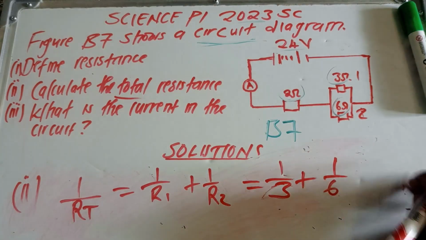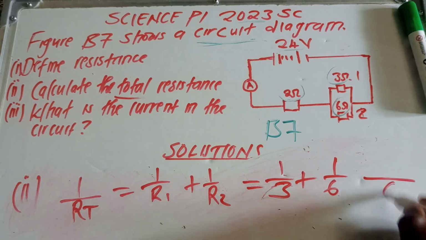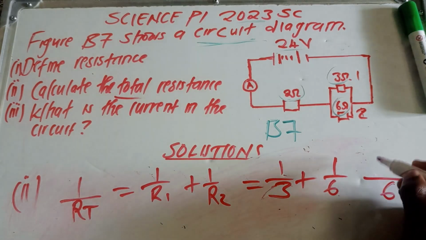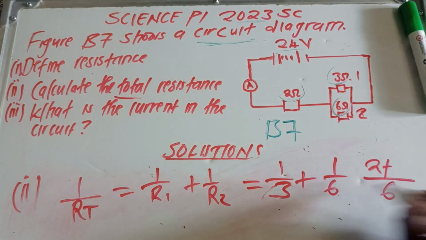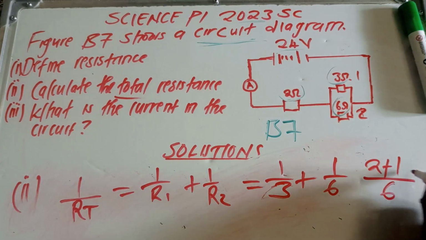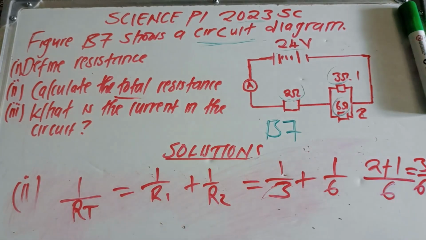If you find the common number that both go into, we are going to have 6. Then 3 into 6 is 2, plus 6 into 6 is 1. I hope you are able to see what I'm doing. So here we have 3 over 6.